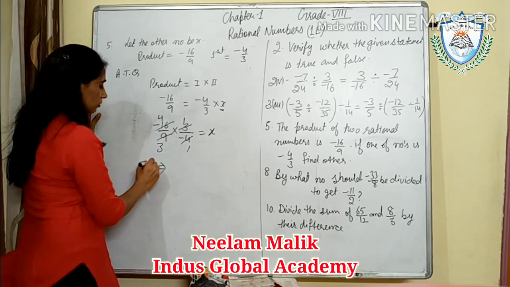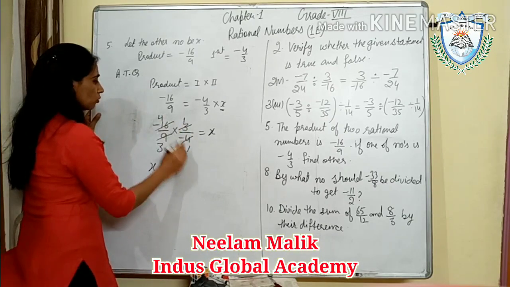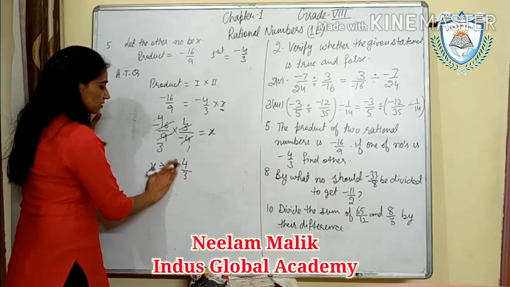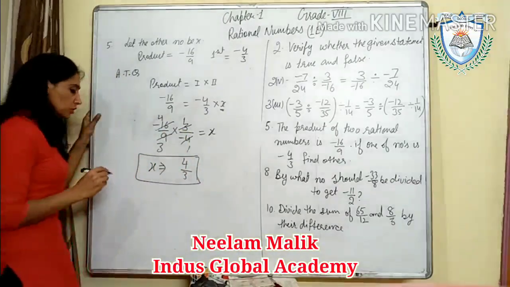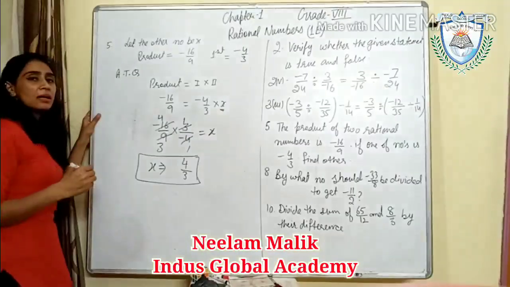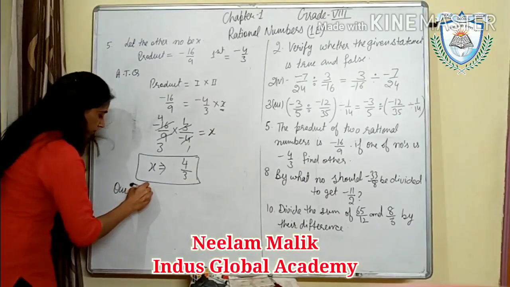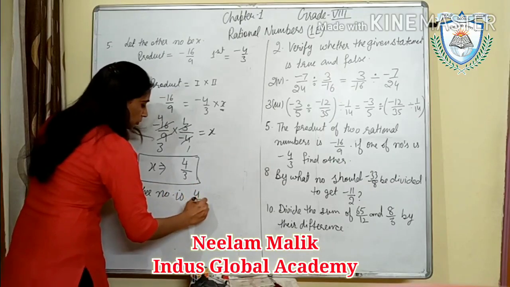So here you can say x is equal to plus 4 upon 3. So what is our x? x is 4 upon 3. So we will write here our other number is 4 upon 3.